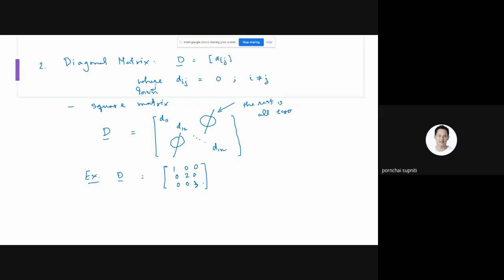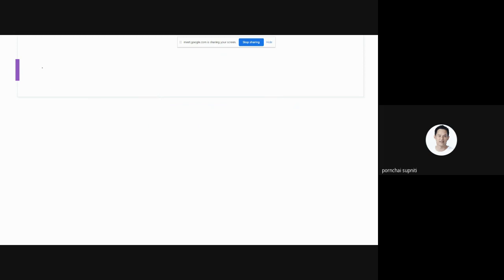Next one is number 3. Okay, this is easy. Number 3, we define a lower triangular matrix.